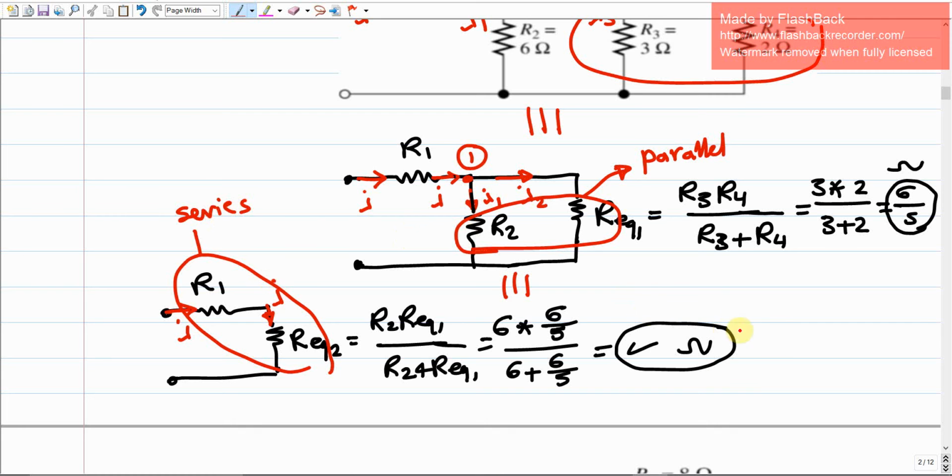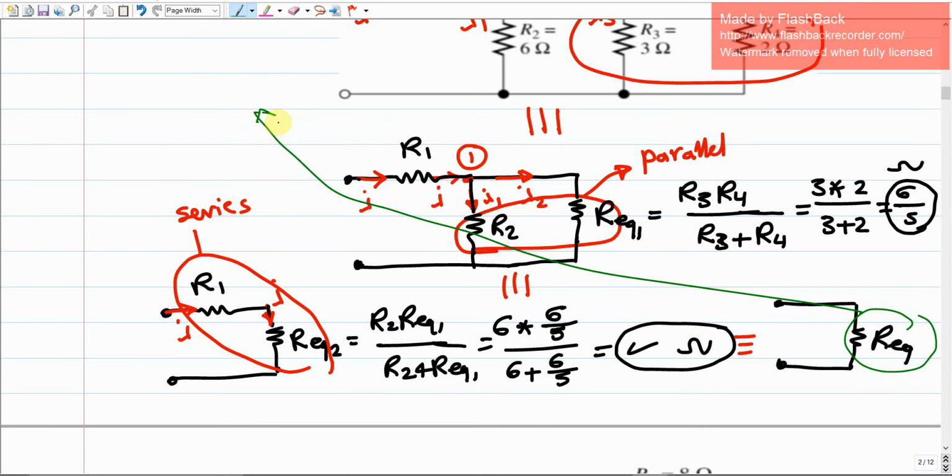It means that we can simplify this electrical circuit into its simplest form. We're going to end up with just one electrical circuit that includes one resistance, which should be R equivalent. This is the total R equivalent, and it can be calculated as the sum of R1 plus R equivalent 2.